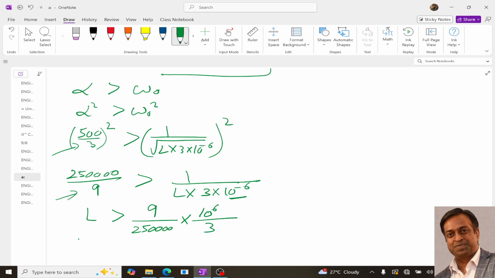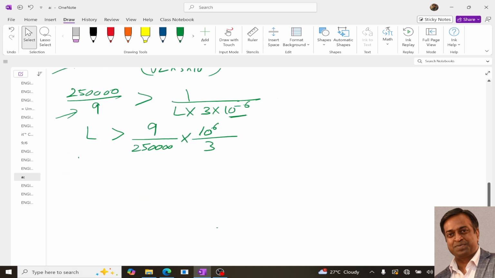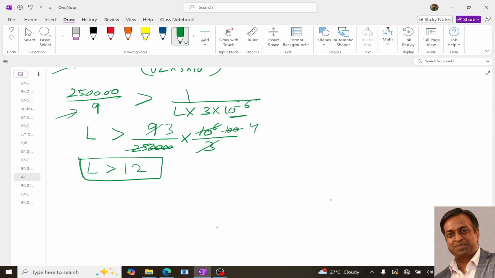So now solving this, this and this will cancel out, and the 4 zeros will be cancelled out, it will become 100, and this 25 and 4. So it means L is greater than 12. This is the condition to make the response overdamped. L should be greater than 12.